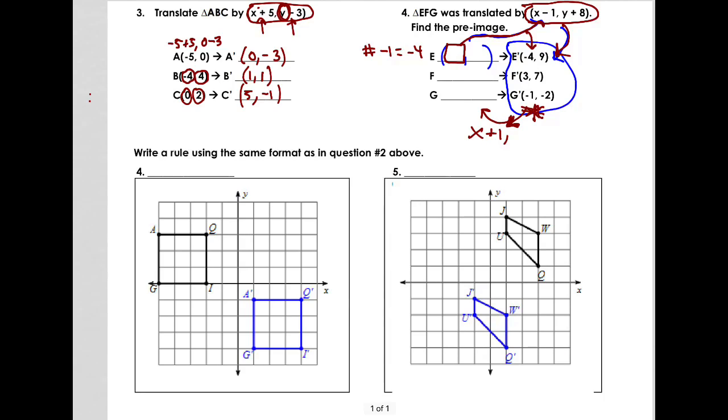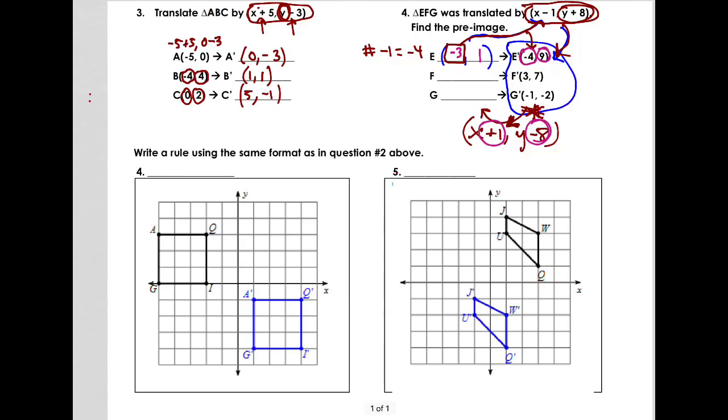And then instead of y plus 8, we need to apply y minus 8 to the image to get the pre-image. This can make it a little bit easier, because now I can take the image, negative 4, go backwards and add 1 to it. So negative 4 plus 1 is negative 3. And 9 minus 8 is 1.